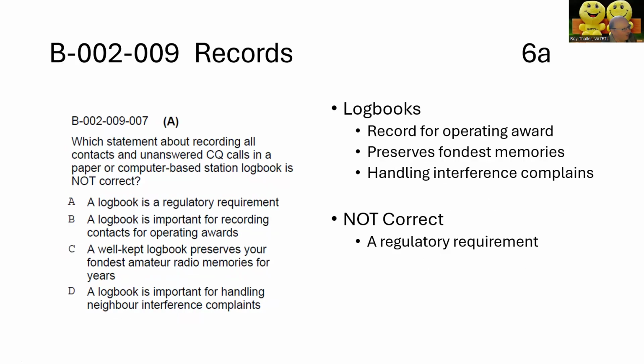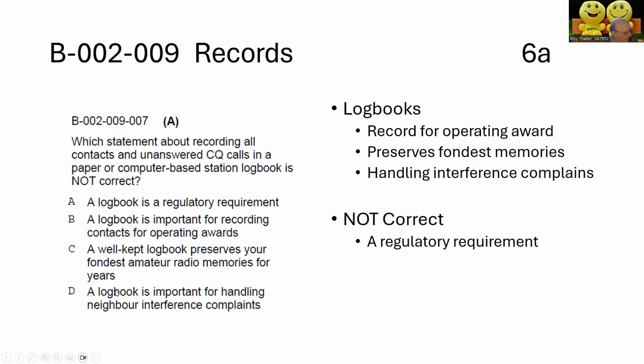Which statement about recording all contacts and unanswered CQ calls in a paper or computer-based logbook is not correct? So these are one of the not questions. So B, a logbook is important for recording contacts for operating awards. That's true. A well-kept logbook preserves your fondest amateur radio memories for years.